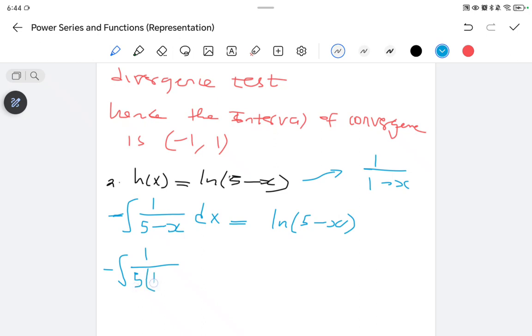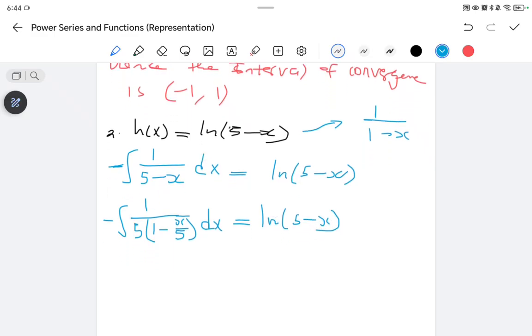Factor out 5, 1 minus x over 5. You see right now? And then this would be minus, I can take out 1 over 5. I can just take 1 over 5 and put it out, right?